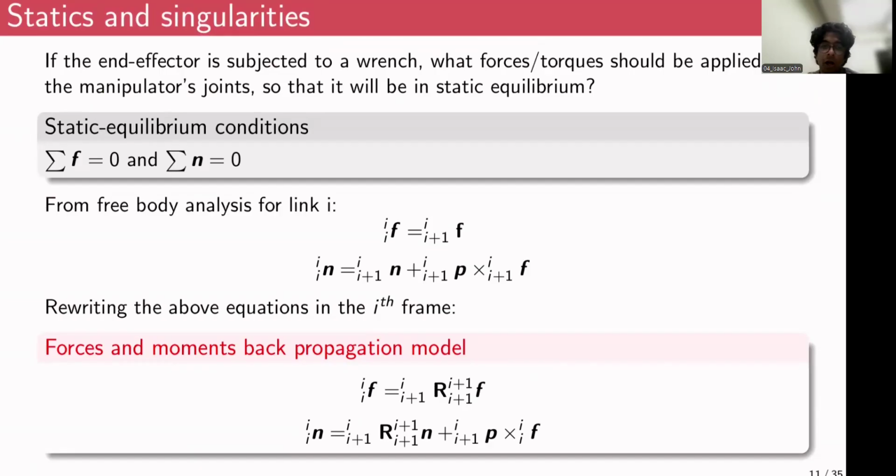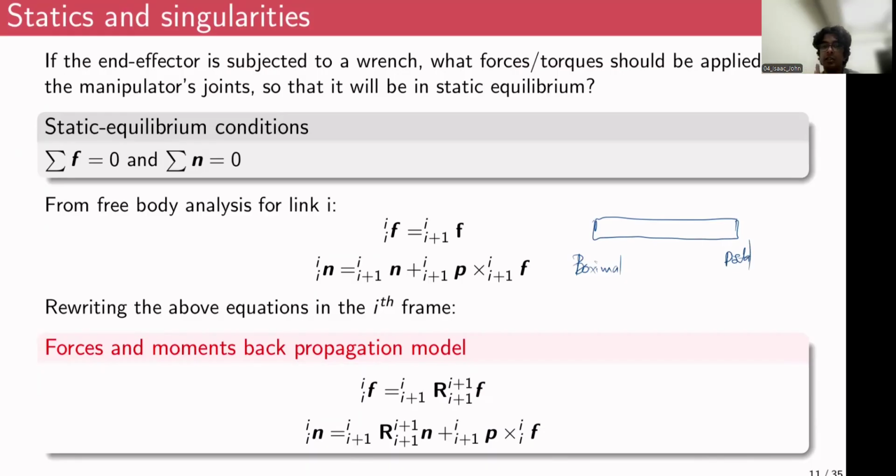A similar analogy can be brought to static conditions, right? For example, if you consider a link, as I've said before, a link has two ends. One is called the proximal end, and you have a distal end.